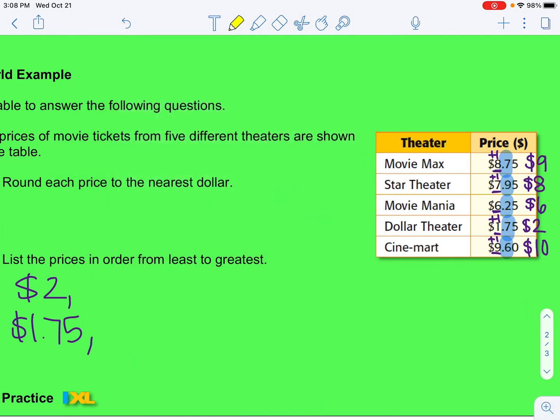Alright, now I'm going to go to the next one. I'm going to change colors so that my numbers stand out more. So I did Dollar Theater. What was my next lowest? Right, it was Movie Mania, which was $6. And then the actual price was $6.25. Cross it off, move on to the next one. My next smallest was $8, and the actual price was $7.95.